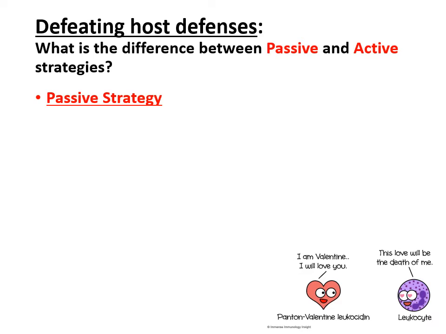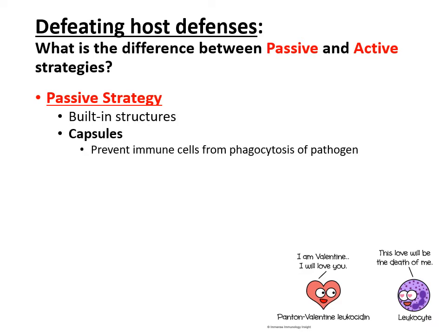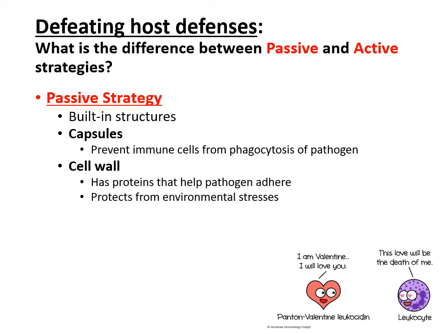They already have it. So passive would be built-in structures on the bacteria to protect them, such as capsules, which can physically block what you're throwing at it, or help prevent any of your immune system cells from eating them up, which is phagocytosis, or their cell wall, which again physically blocks your immune system's targeting, but also has proteins that help them do what they need to do in your body, and that can be toxic or dangerous to your body to help protect them further.